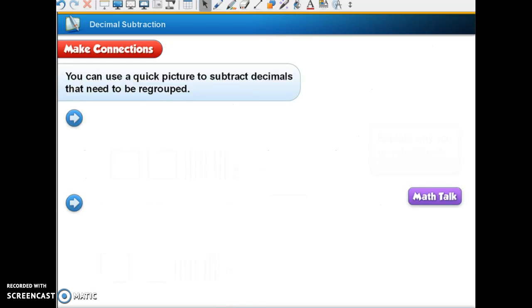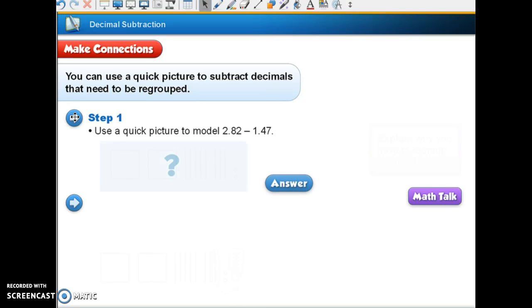In your Make a Connection, it says you can use quick pictures to subtract decimals that need to be regrouped. Use a quick picture to model 2 and 82/100ths minus 1 and 47/100ths. Okay?